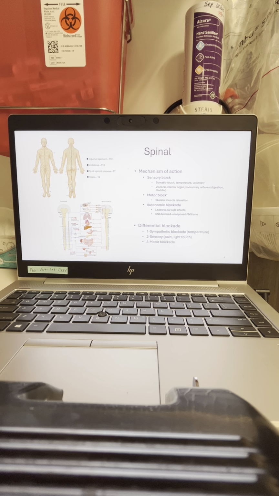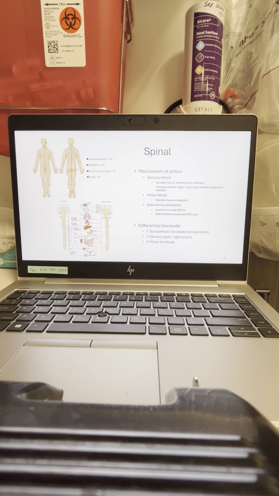Somatic and visceral. Somatic is our conscious stuff, our voluntary, our touch, this feels cold, this feels hot. Visceral is our internal things, our involuntary reflexes, such as our digestion and bladder stuff. Motor block, skeletal muscle.